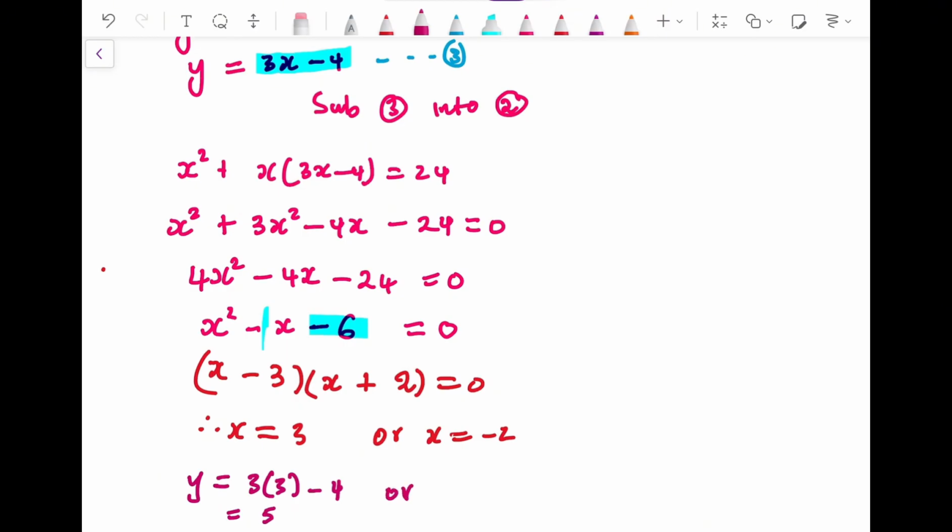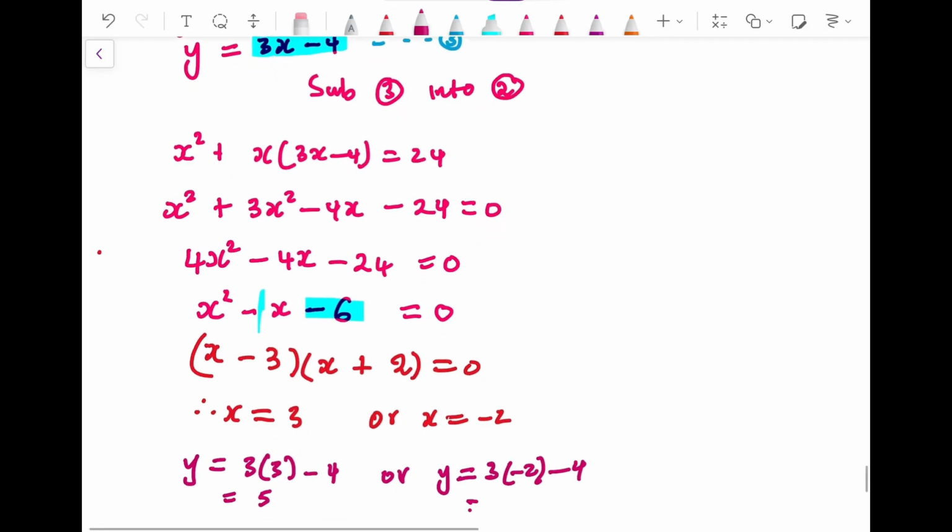Or y is equal to 3 multiplied by negative 2, and then minus 4. And then this will be negative 6 minus 4. What is negative 6 minus 4? It will be minus 10. So we have solved for x and y simultaneously.